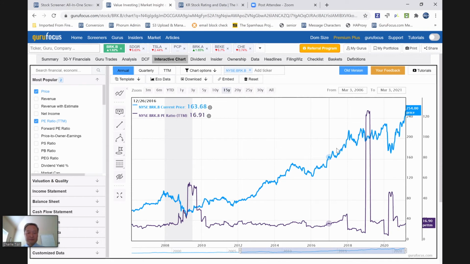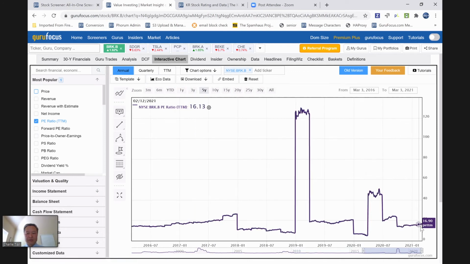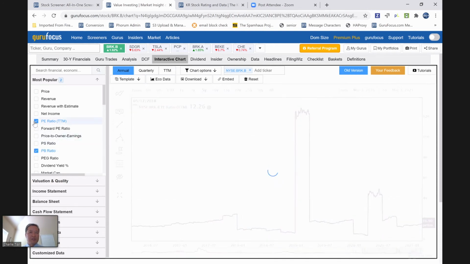So if I remove this price line and look at the five-year P/E ratio, you can see that the P/E ratio increased some, but it's still a very low P/E ratio for Berkshire Hathaway. Now we look at the price to book ratio.